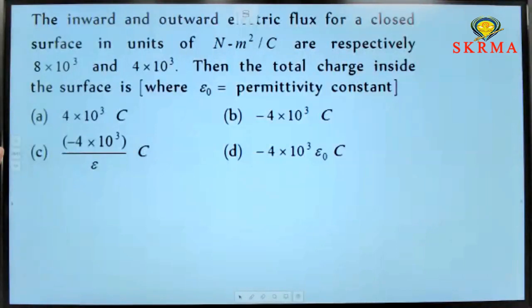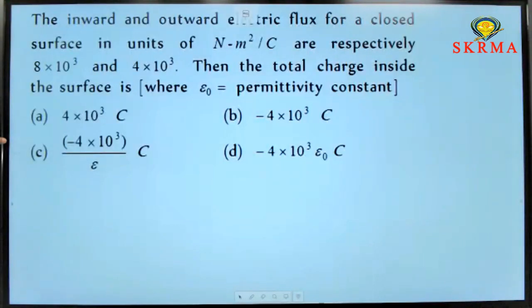Next one. Try to solve this one. Here the inward and outward electric flux of a closed surface are 8 into 10 power 3 and 4 into 10 power 3. Then the total charge inside the surface is? This model is also important. Here inward and outward flux is given, then what is the charge?